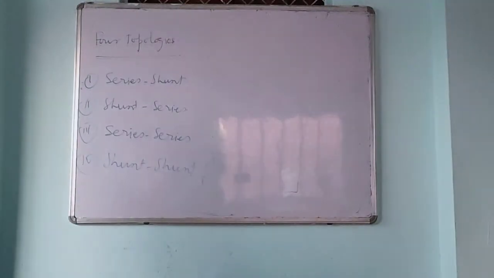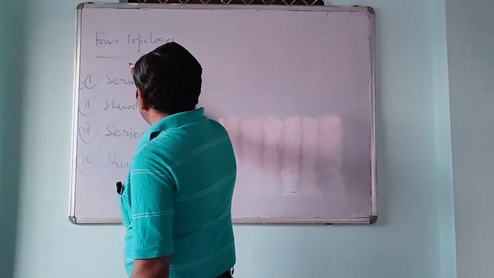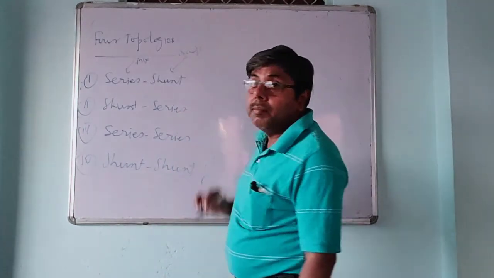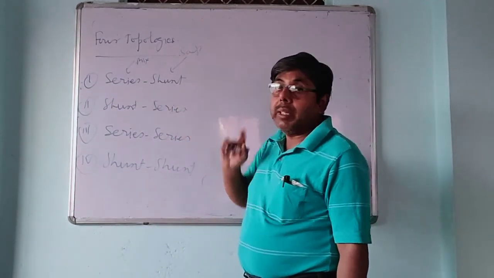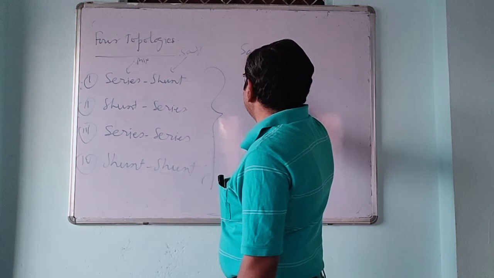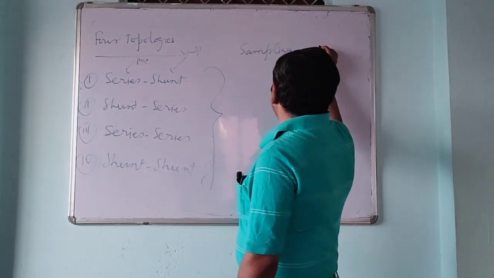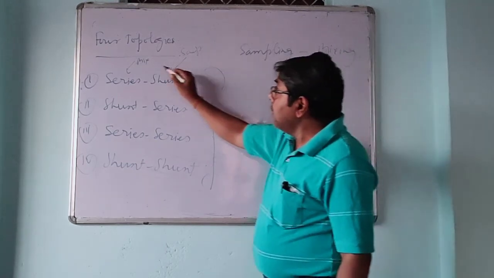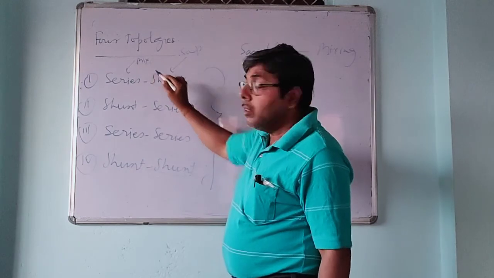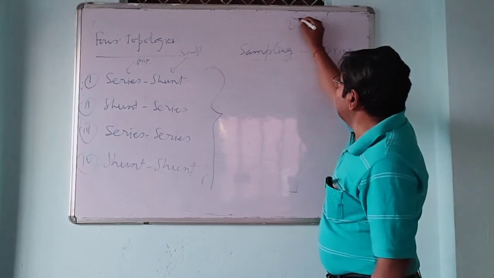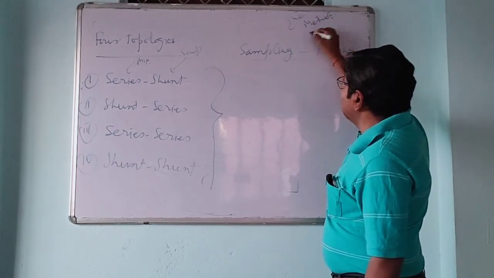A different nomenclature is also used. In the first nomenclature, the first term is for mixing and the second term for sampling. In the second method, we use sampling first and then mixing.